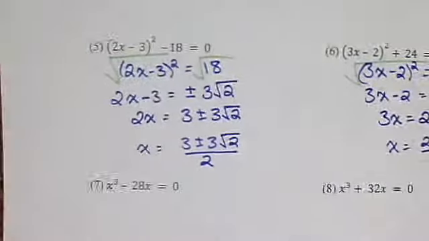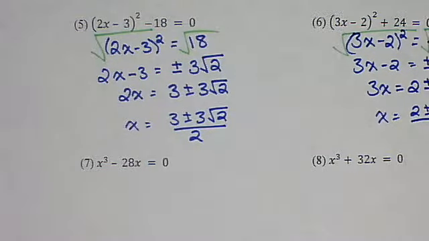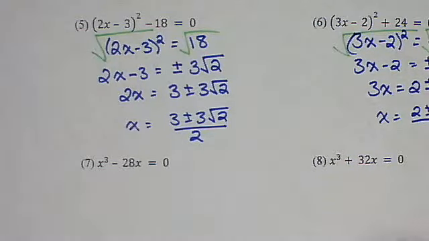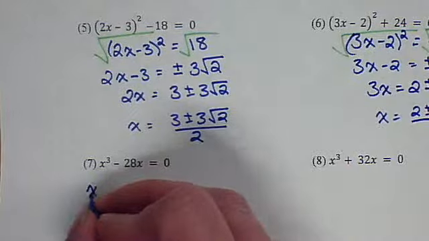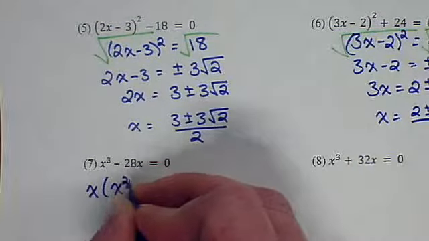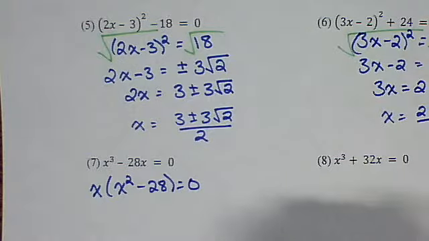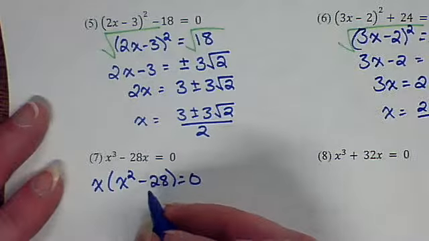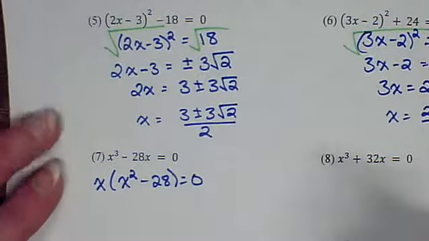Alright, next one. Uh-oh, cubic. Hey, let's get an x. Let's try factoring out an x, because I know Miss Nice always said, if you can factor out something, you better do it. Now, I wish that factored some more because that would be so nice. But 28 is not a perfect square.